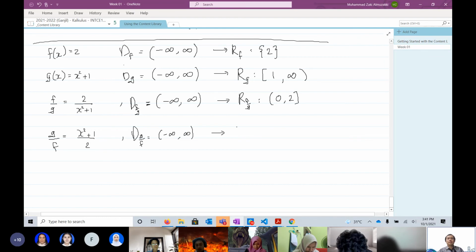But the range of g over f is not the same. So what is the range? Okay, since the time is up, I will just tell you what the range is. The range is from half to infinity. So that's all for today.